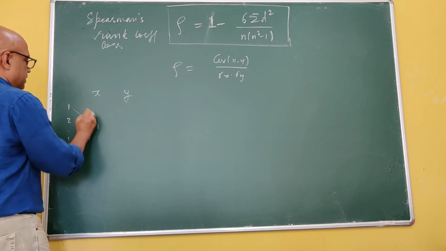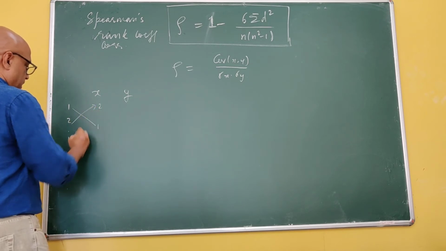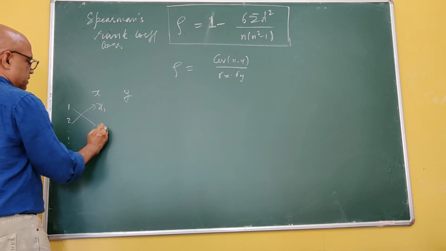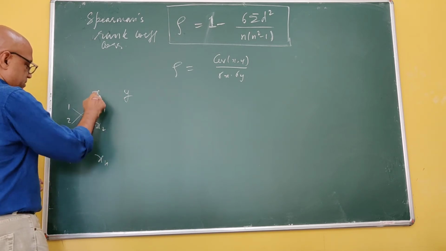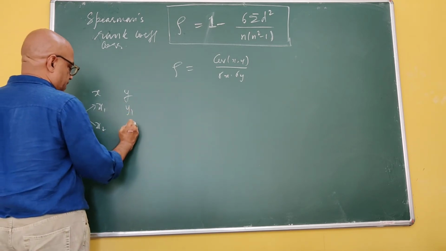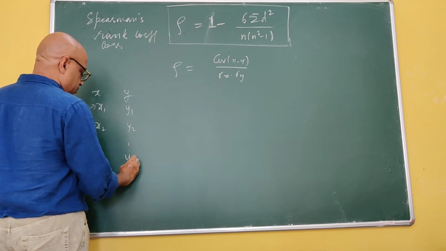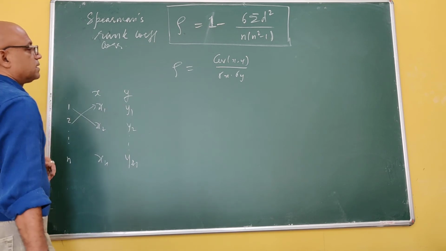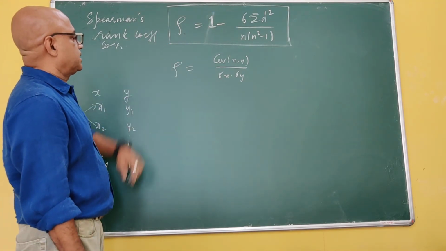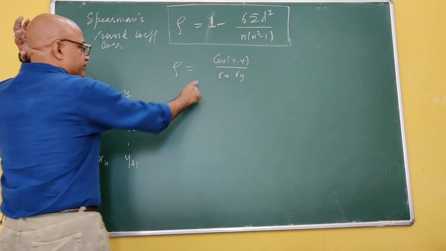One may come somewhere here and 2 may go somewhere else. So there is x1, x2, xn. And when there are no repetitions, they are given ranks. Here also they are given ranks y1, y2, yn by the 2 judges. There is no repetition. Then I want to show the formula is like this. And how do you get it from here?